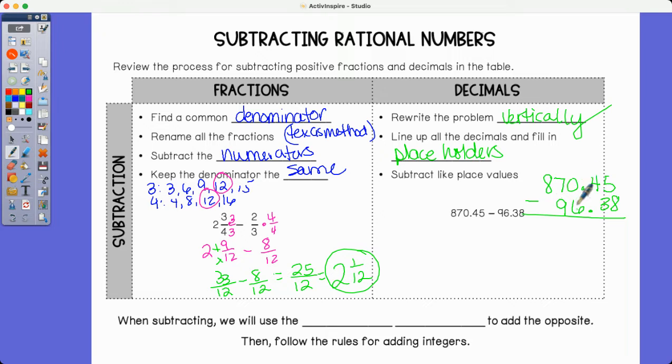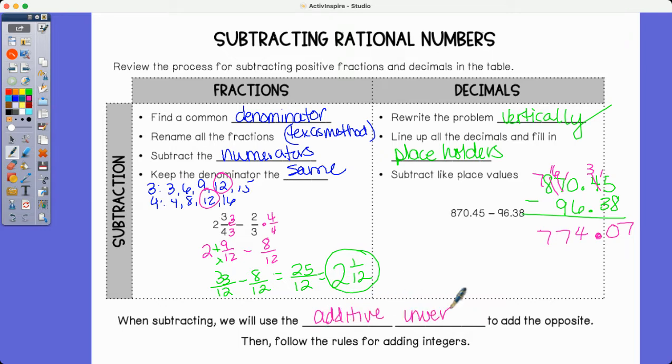These already have the same number, so I don't even need any placeholders. I do need to do some math magic here, though, because we need to do some borrowing. 15 minus 8 is 7. 3 minus 3, bring down that. Borrow some here. 4, oh, we got to borrow again. That gives me a 7, and I get 774 and 7 hundredths.